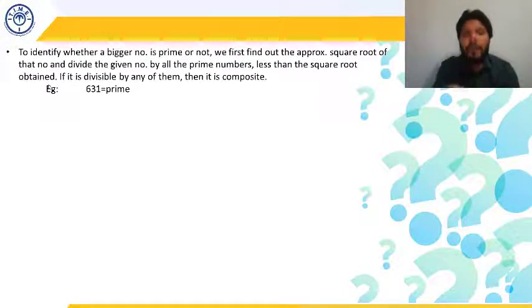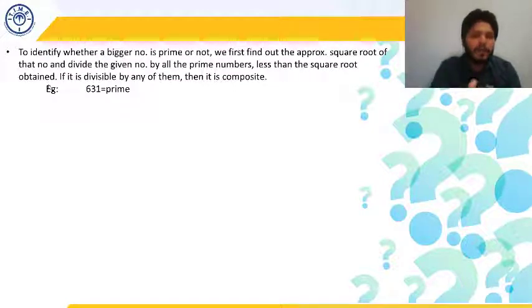Now we have to divide the given number 631 by all the prime numbers less than the square root obtained. So what is the square root obtained? It is 25 point something.